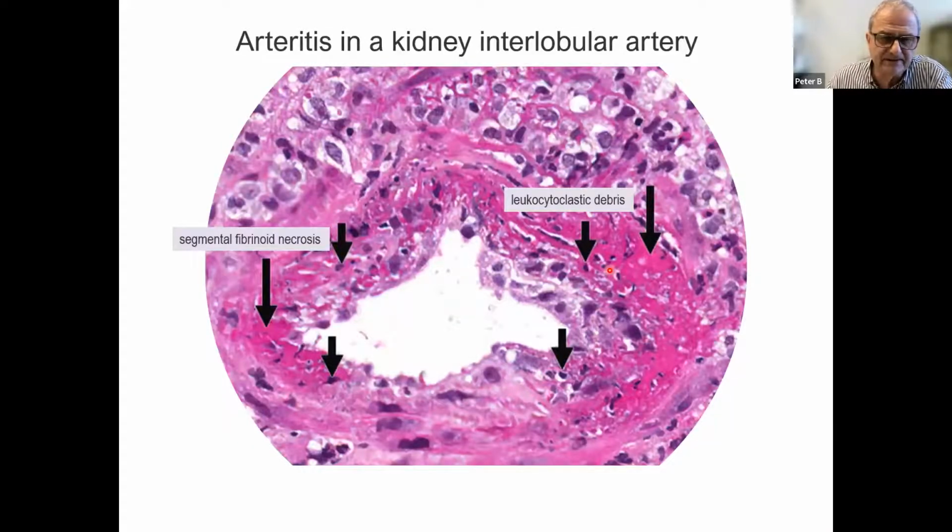Arteritis we see rarely, but it happens occasionally that we have a clear arteritis, here in an interlobular artery, with fibrinoid necrosis in the artery and leukocytoclastic infiltration and debris here.